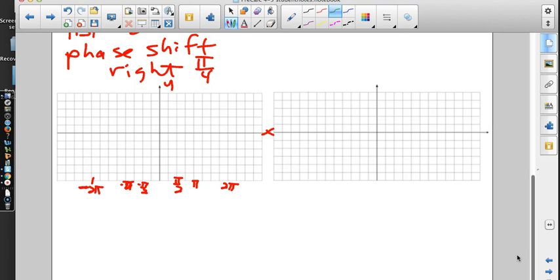What I want to see on the test, Ashley, is that you have everything for at least one primary period. So if you give me everything for this one from pi over 4 and then you go 1 period to pi over 2, everything from pi over 4 to 3 pi over 4, I will be happy.